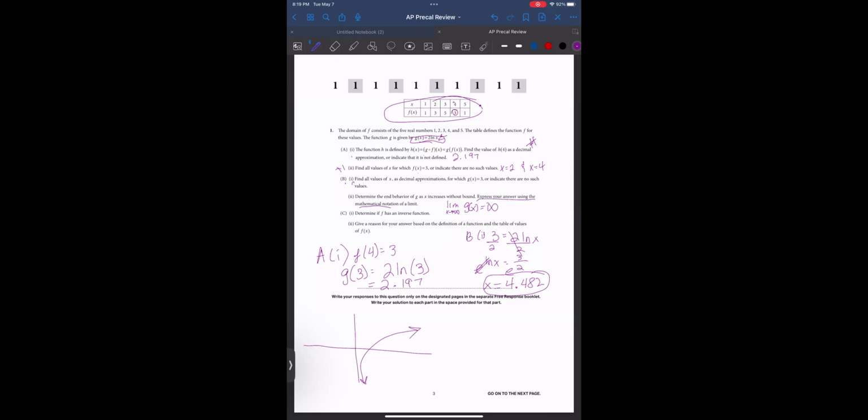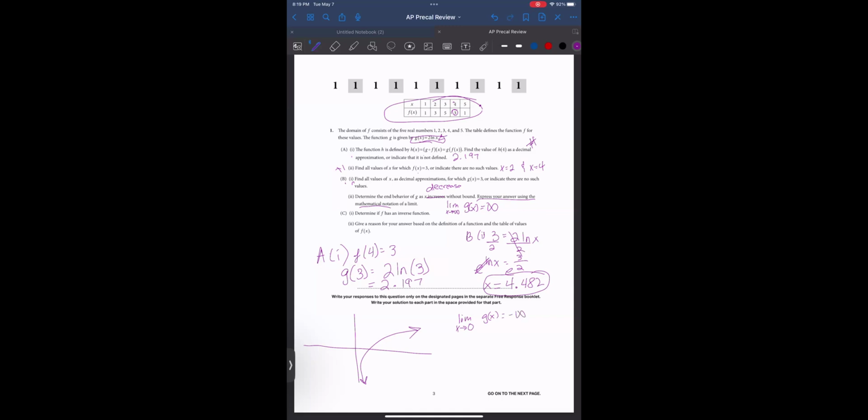So it would be written differently in the case of a log, because you do have that asymptote at 0. If they said x decreases, well, they wouldn't say without bound because it is bound; it can't go into the negatives. So my statement would say: the limit as x approaches 0, g of x is approaching negative infinity.